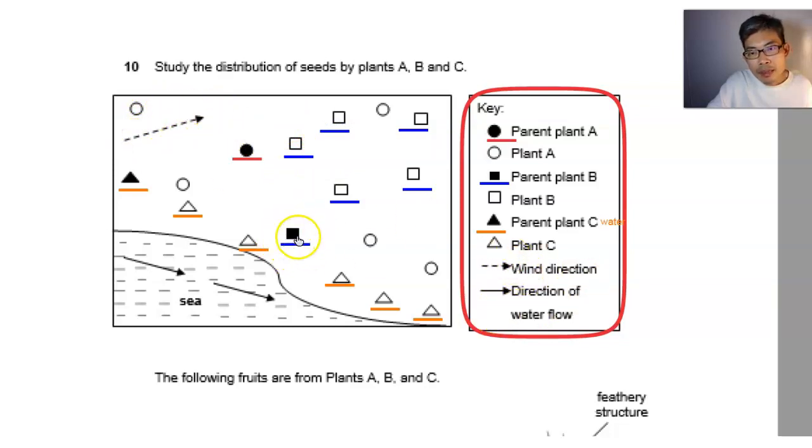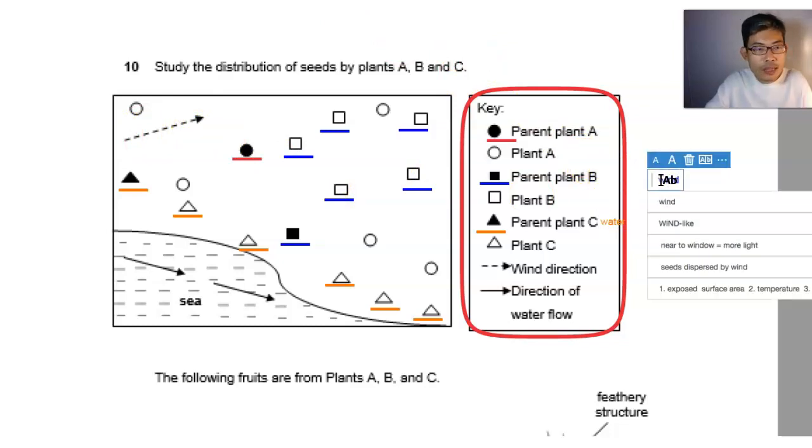If this is a parent plant and the wind blows this way, notice that the seeds here all disperse in the same direction as the wind. There are no young plants of plant B on the left hand side or the right hand side of plant B. This tells me, because of the wind direction here, that plant B is dispersed by wind.